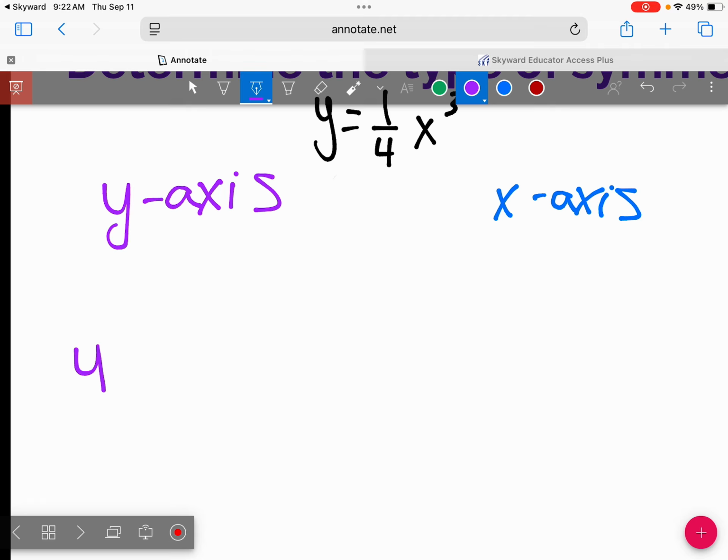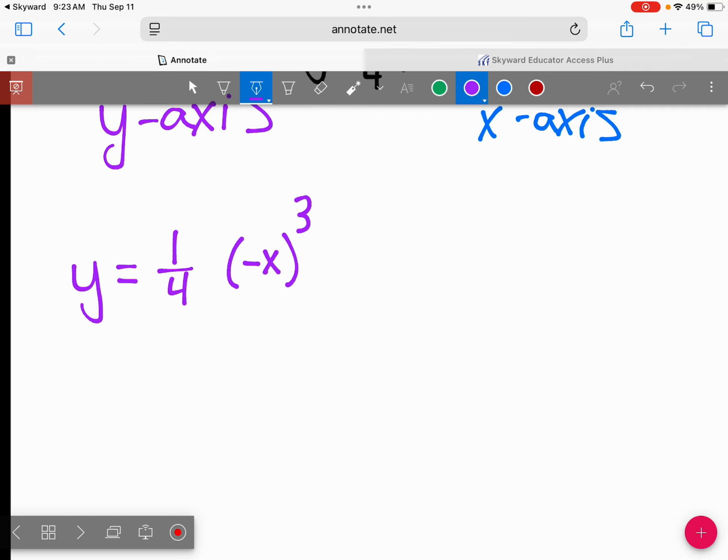So we want to know if y equals 1/4 times minus x cubed is going to give me back that exact same function. So if we have minus x times minus x times minus x, are we going to wind up with a positive or a negative x? Negative.